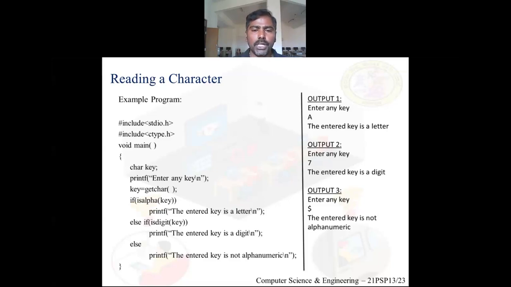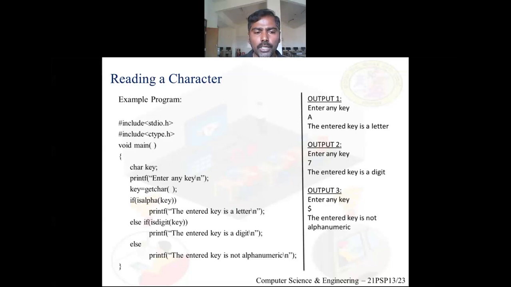Now to check whether it's an alphabet, I need to make use of the function isalpha of key. As I said, it returns true if the character stored in the memory location identified by key is an alphabet. Then a message as in output 1 will appear: the entered key is a letter.